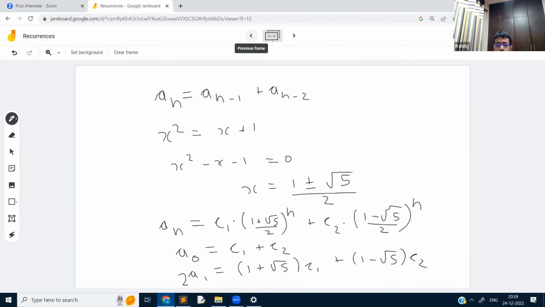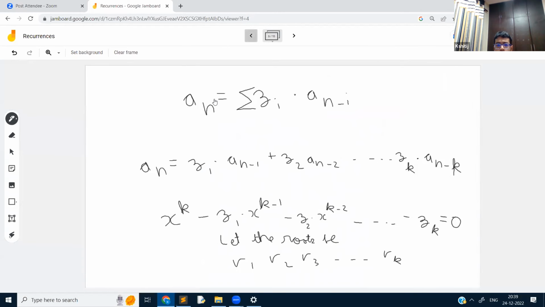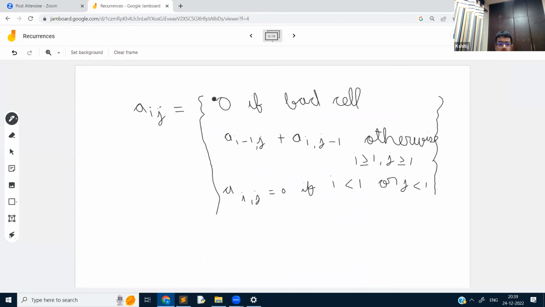Now I also want to tell one more thing about the grid question. Now suppose there are no bad cells. In that case, we don't even need a recurrence, and we can find a straightforward solution, which I will explain. So now it's an n by m grid. We have to go right exactly n minus 1 times and go up m minus 1 times, or vice versa. It doesn't matter.